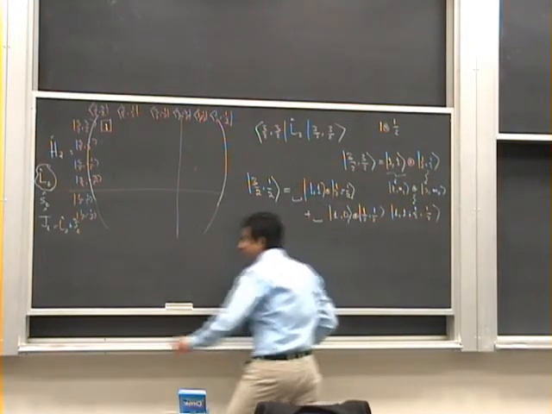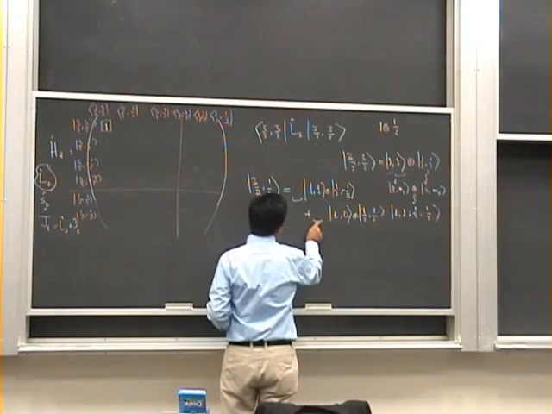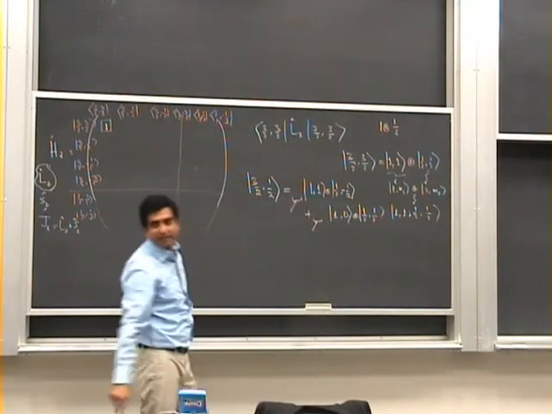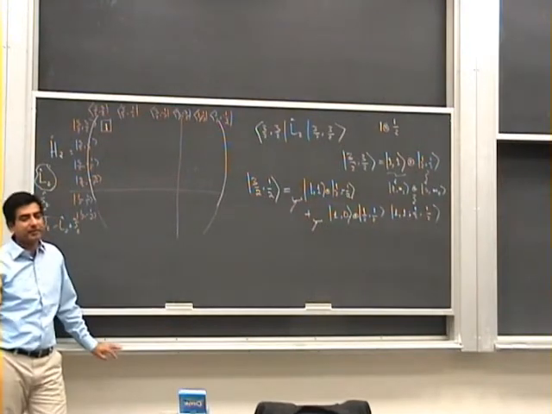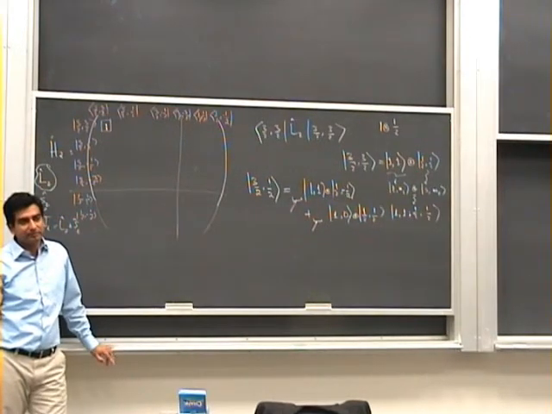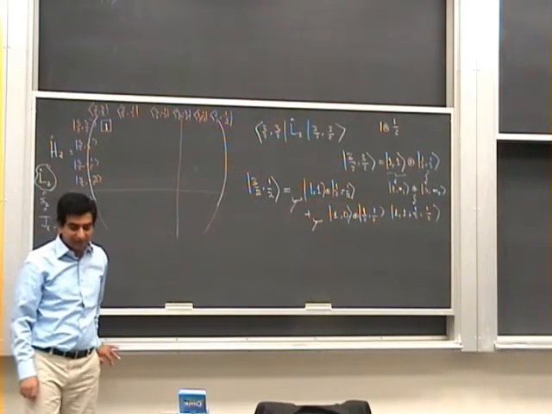And now I have to supply coefficients, which are the Clebsch-Gordan coefficients. These are picked up from the table. Okay.